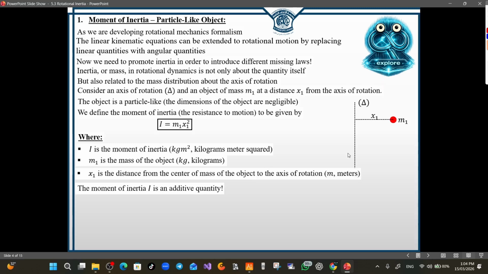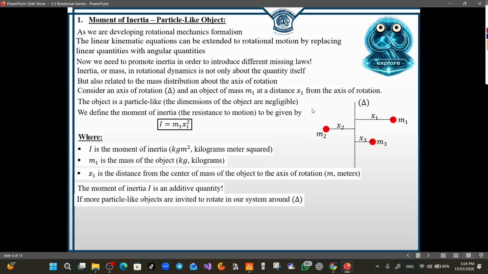The moment of inertia I is an additive quantity, which means if we have more than one mass forming a system, and these masses are rotating around the same fixed axis, such as this case where we have 4 masses located at different distances from the axis of rotation, then the moment of inertia of the system is given by the summation of mi xi squared.